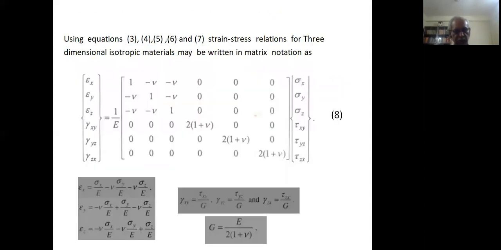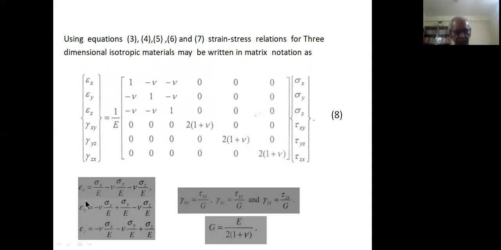We have got the strain matrix on the left hand side: epsilon x, epsilon y, epsilon z, gamma xy, gamma yz, gamma zx. Now here we are writing strain in terms of stress, and the constitutive relation will be accordingly. We are writing this to follow these equations.